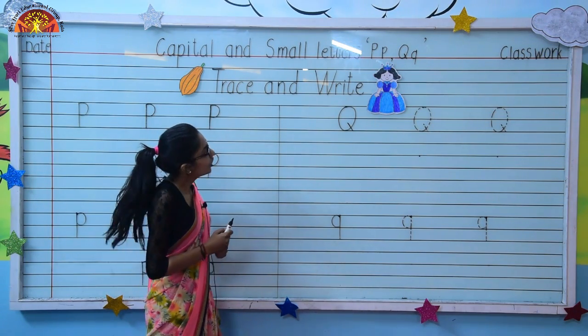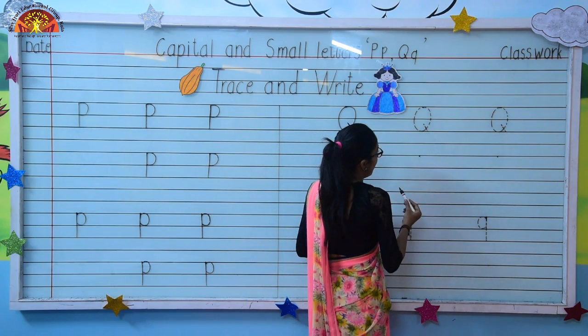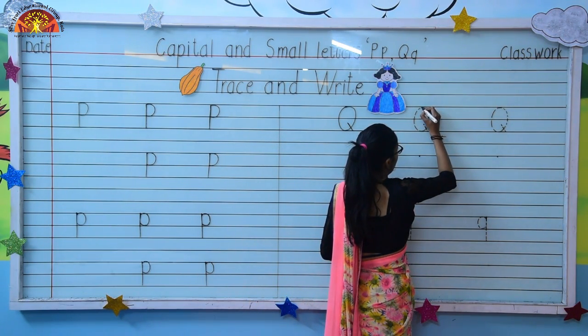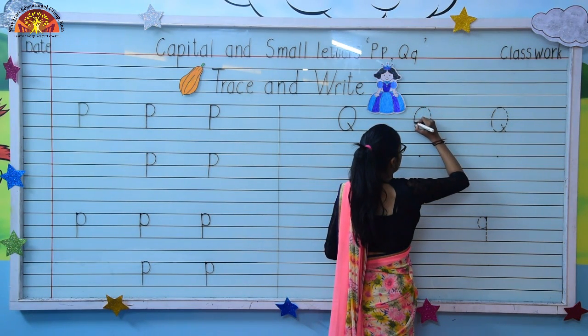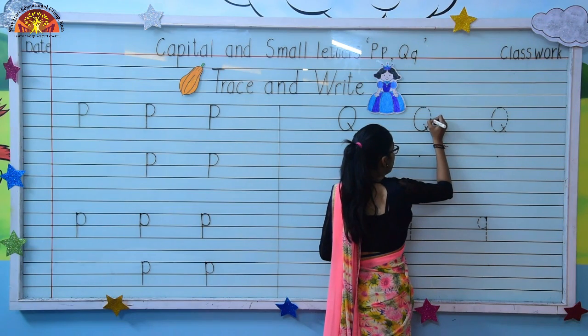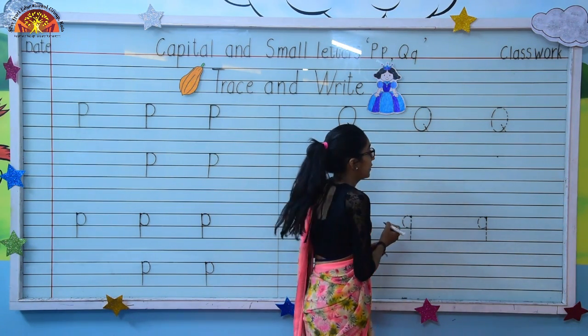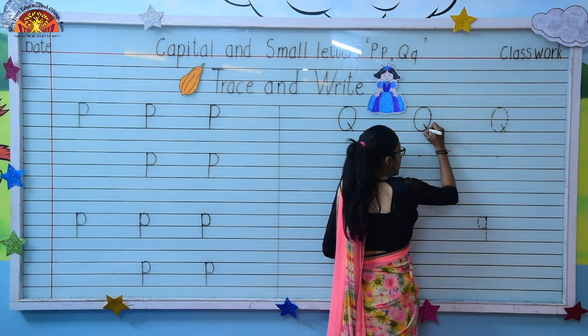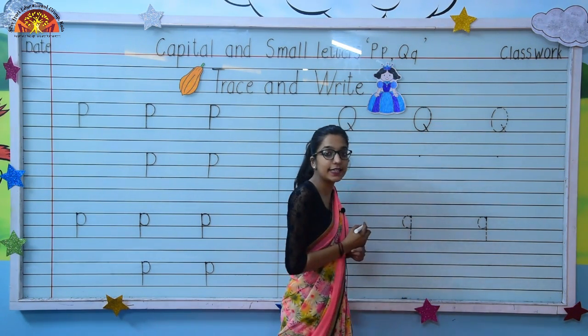So kids, look here, what you have to do? You have to make one long curve, one more curve in the opposite direction and join. Then you have to draw one small slanting line inside it like this.